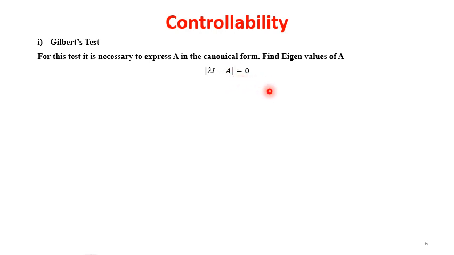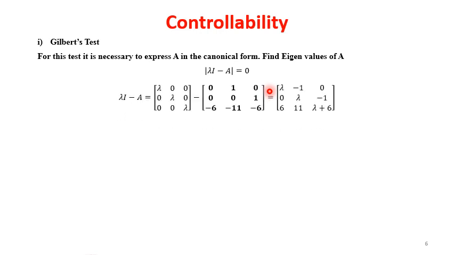Hence for that we need to find the lambda I minus A matrix. Lambda multiplied by the identity matrix, where all the diagonal entries are 1, will yield lambda 0 0, 0 lambda 0, 0 0 lambda. And the A matrix we already have from our state variable equation, that is 0 1 0, 0 0 1, minus 6 minus 11 and minus 6.